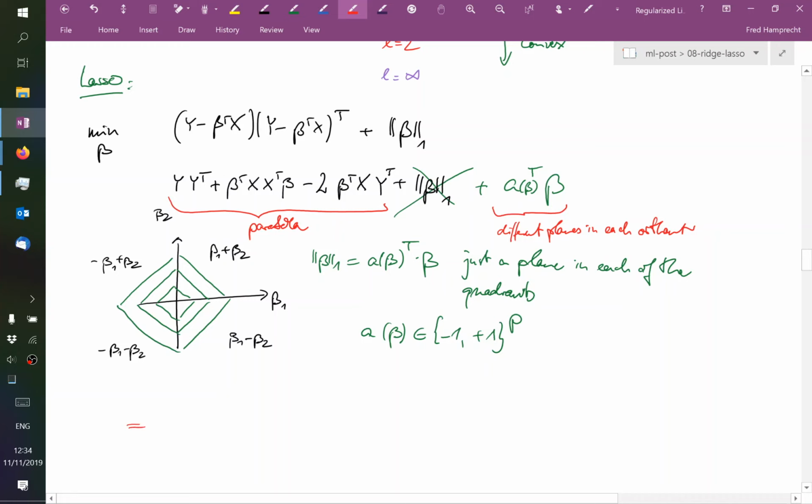As a consequence, what we find is that our objective, a parabola plus a plane, is a parabola. So the objective is just a parabola in each orthant.